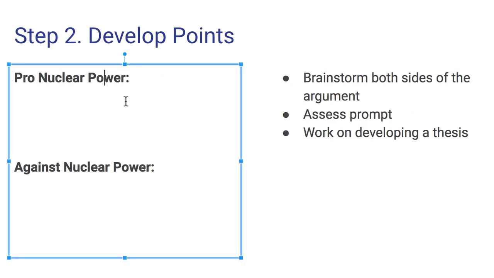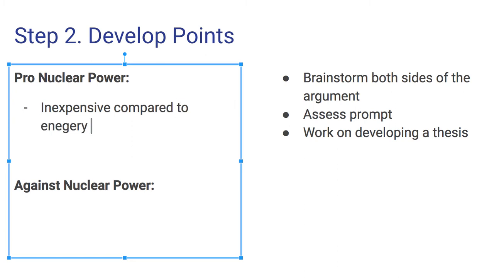Now let's talk about developing points a little bit. So let's make a couple different connections here. People who are maybe pro-nuclear power might say that it's inexpensive compared to other energy forms.